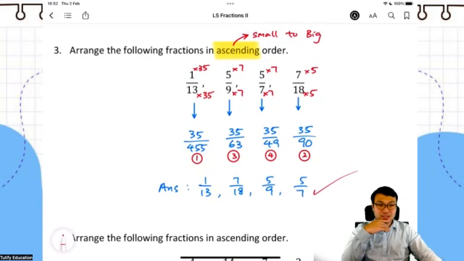Yes, Kate, question. I thought it would be 35 over 455, then 35 over 90. The smallest answer is 35 over 455. Yeah, that's correct.